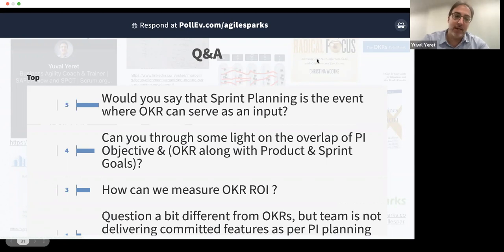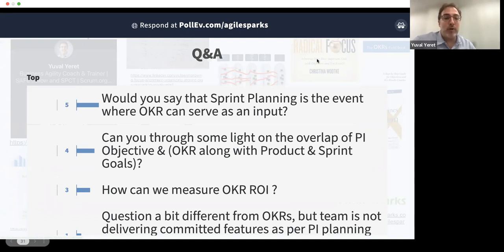I would say that's still an area of innovation in what's the right way to do SAFe OKRs using Agile principles. Some initial thinking is that it might be useful to turn PI objectives into OKRs after PI planning as an offline activity to improve the OKRs.